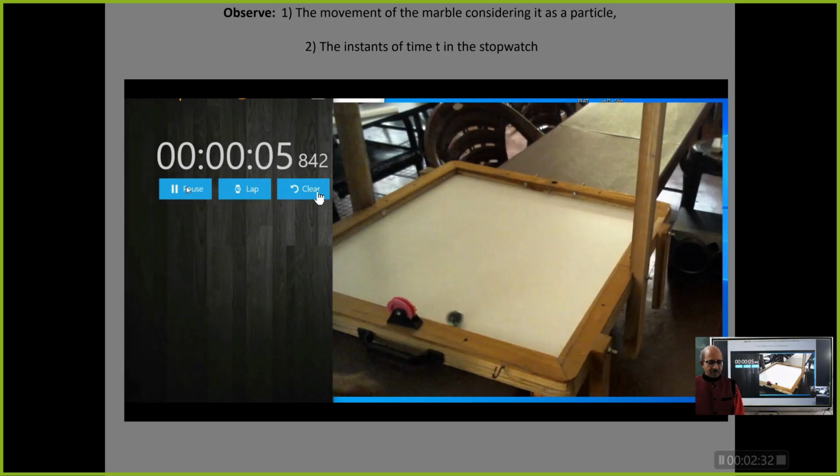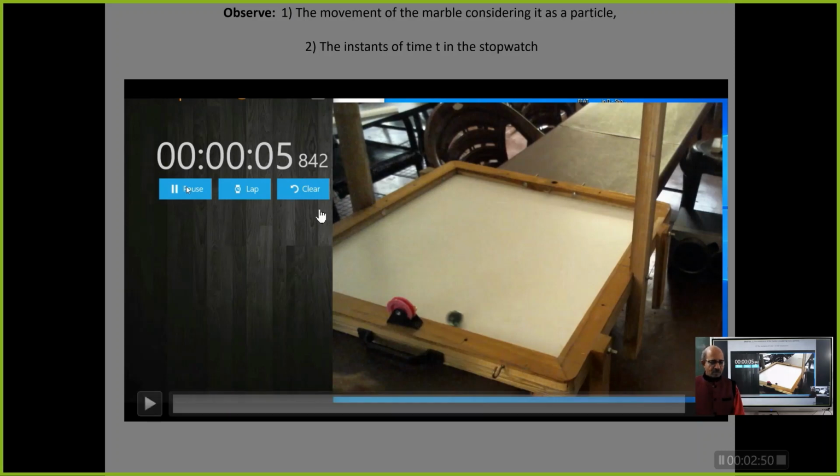And the most important thing is you should see that there is a stopwatch here, which is going to show seconds and milliseconds. 5.842 is 5 seconds and 842 milliseconds. This is important for our motion.